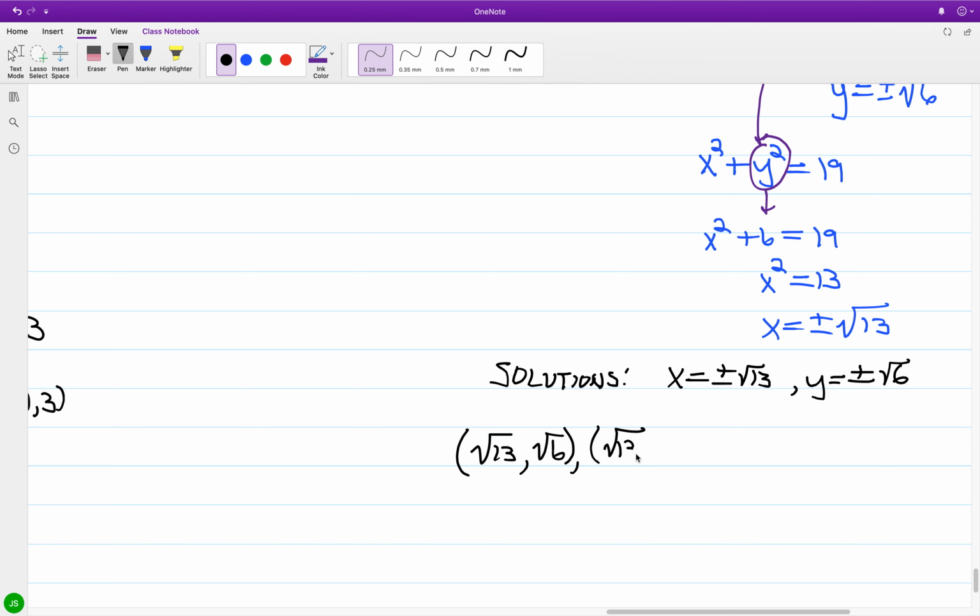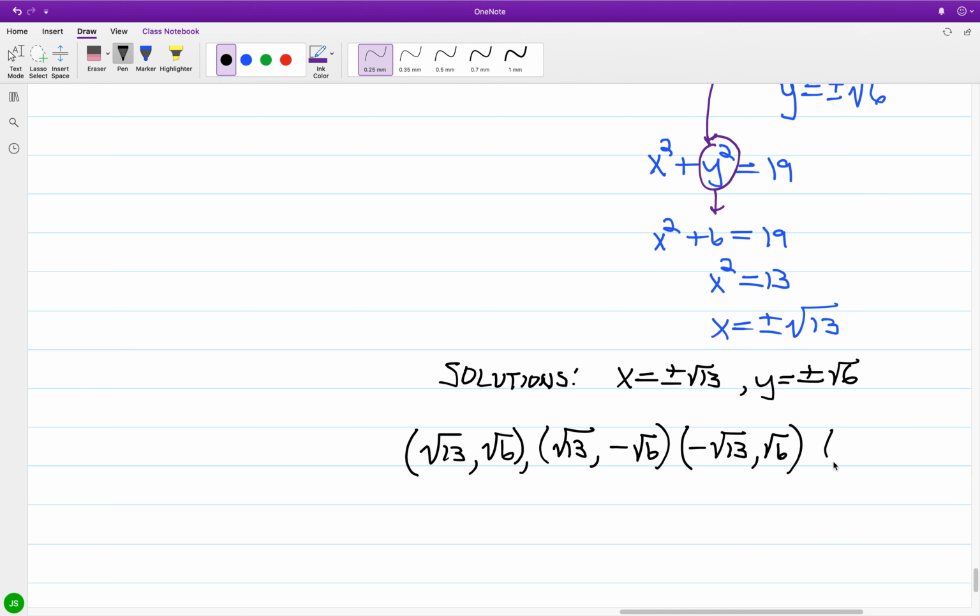Also the square root of 13 and the negative of the square root of 6. Also the negative square root of 13, square root of 6. And with the remainder, the negative of the square root of 13 and the negative of the square root of 6. So there will be 4 points of intersection.